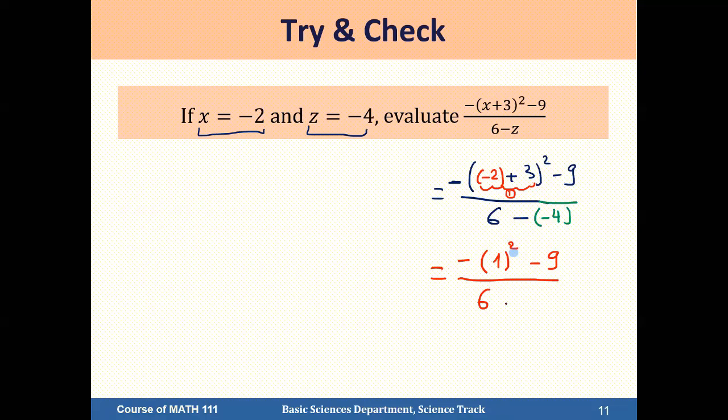Then minus minus is plus. Then 1 squared is 1. Then 1 minus 9 over 10, which is 10 over 10 minus 1 minus 9, minus minus 1, minus 10 over 10. Can I simplify? It equals minus 1. Okay, so this is how to evaluate an algebraic expression.